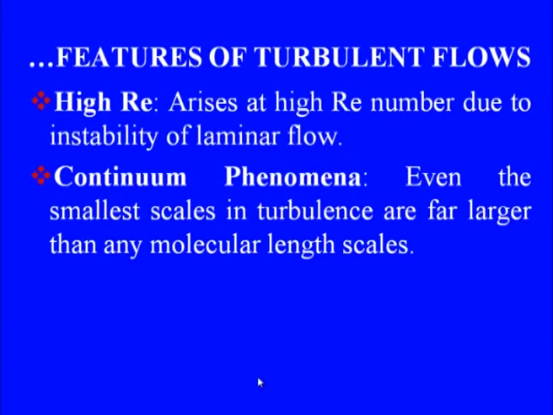But nevertheless, turbulence is still what we call a continuum phenomenon. The smallest scales which we encounter in turbulent flow are far larger than any molecular length scales. So, we are not dealing with each molecule separately, we are still talking about the effects at a gross level, what we call a continuum level.